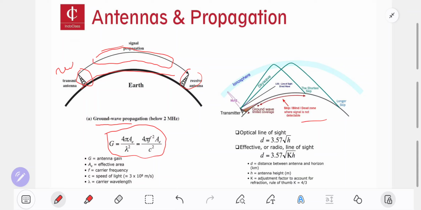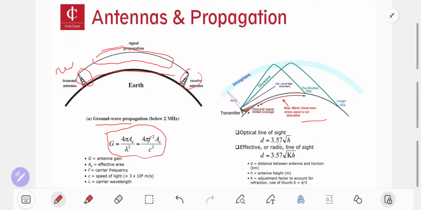And this formula is for the isotropic antenna, you can see on here, the formula is 4 times pi times A divided by lambda squared. And you also see the unit of each variable.